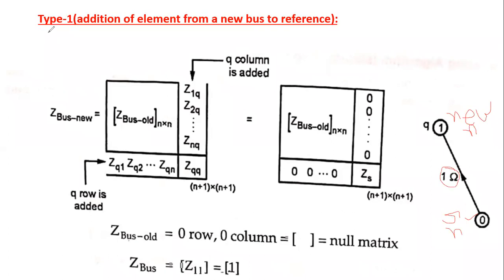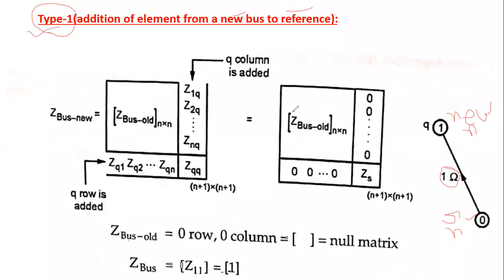Then this type of modification is called the type 1 modification. What is meant by type 1 modification? The element is added between the new bus and the reference.